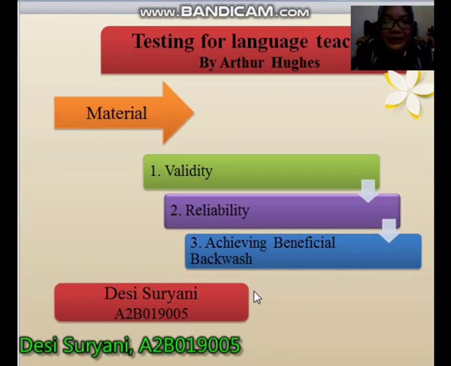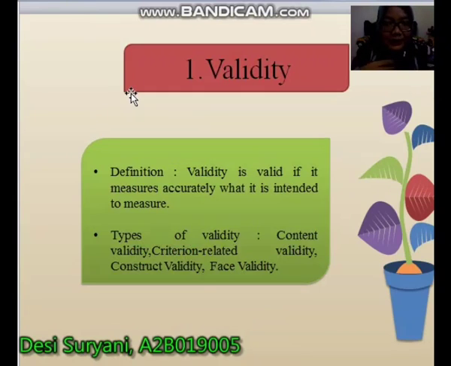And all of my friends, I would like to share the information about Testing for Language Teachers by Arthur Hughes, which covers the materials about validity, reliability, and achieving beneficial washback. The first is validity. A test is valid if it measures accurately what it is intended to measure.